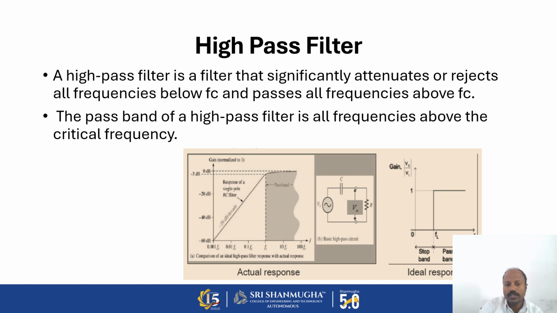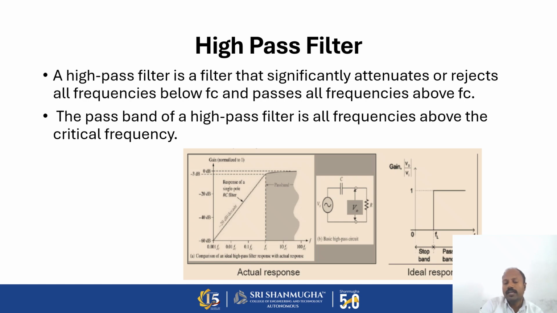First we have shown that is a practical case. So we are seeing that only the frequency above FC is shown as pass band and the frequencies below are considered to be stop band. Next is figure B, which is showing the circuit of this.